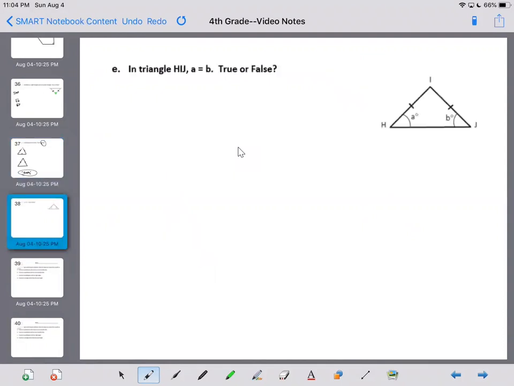Finally, if we know that triangle HIJ, and we say that angle A is equal to angle B, is this true or false? Well, we have to look at the triangle again, and we see the tick marks represent that this would be an isosceles.